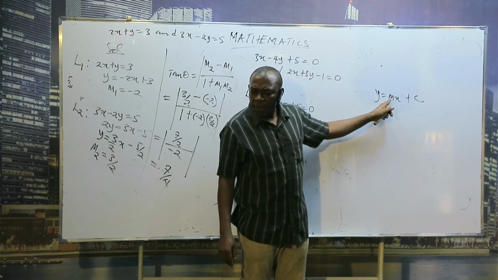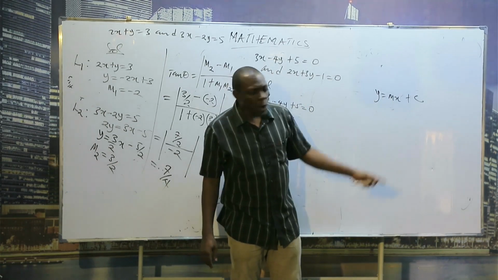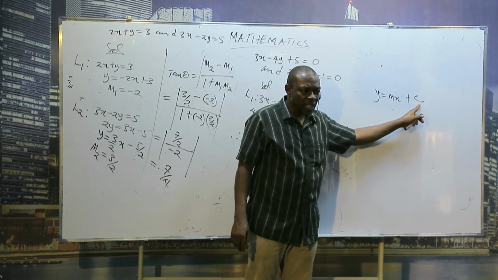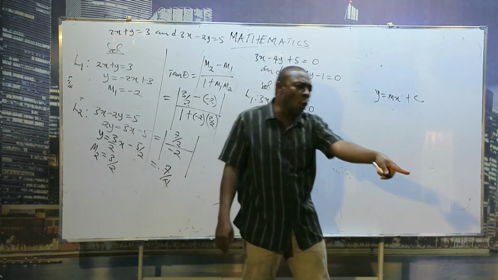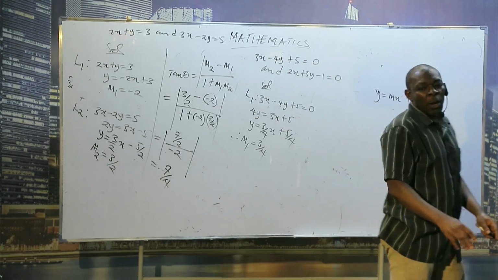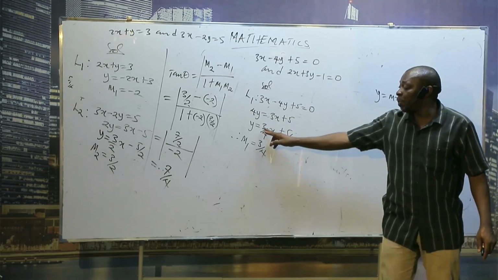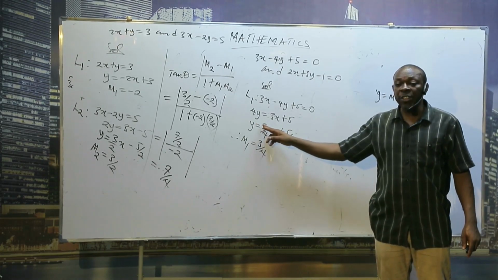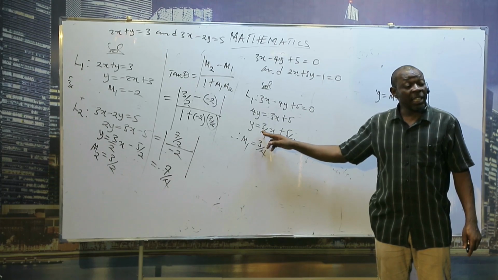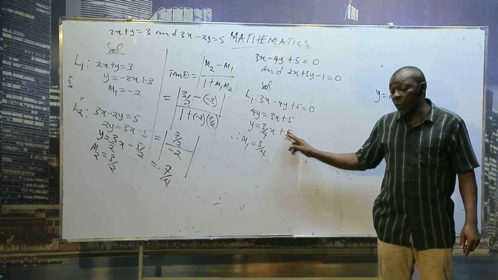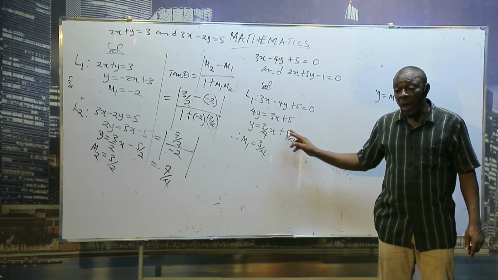Who is m? The gradient, the slope. Who is c? The intercept on the y-axis. So, who is this in this equation now? The gradient, is that true?